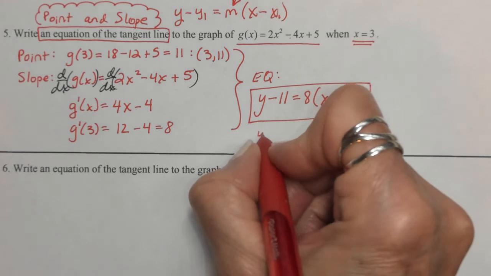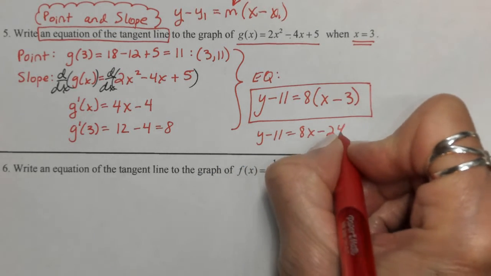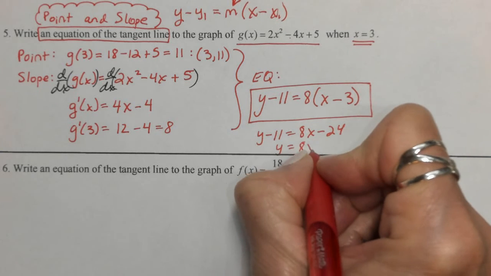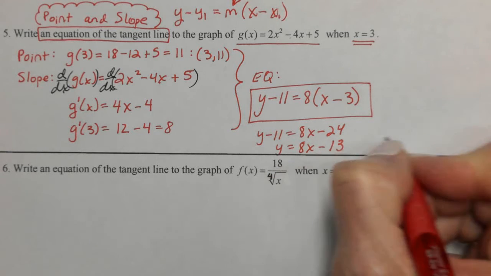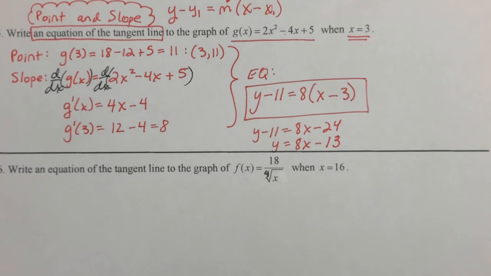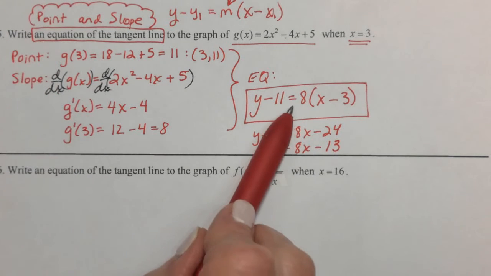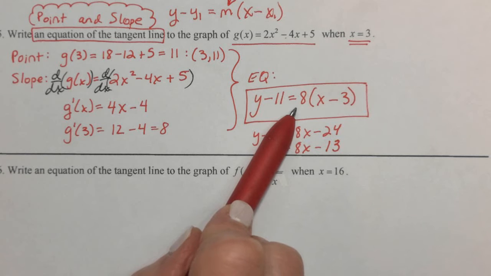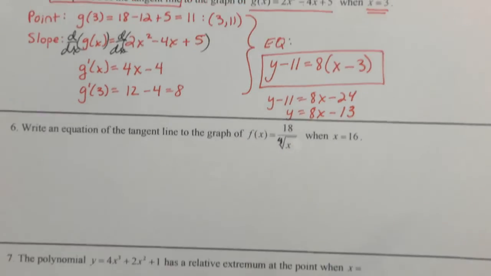If we needed to, we could distribute that 8 through these parentheses and add 11 to both sides. But only if we're needed to, because the problem said to write an equation, and this is an equation. And on AP, this is normally what they expect you to do.